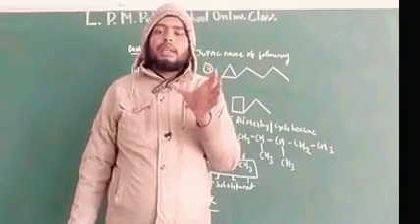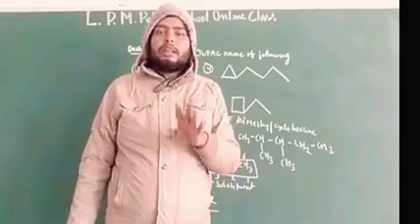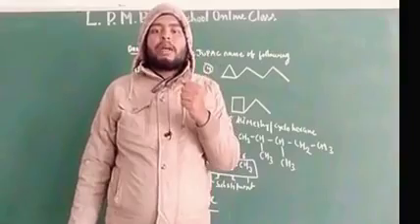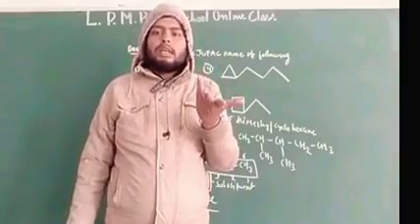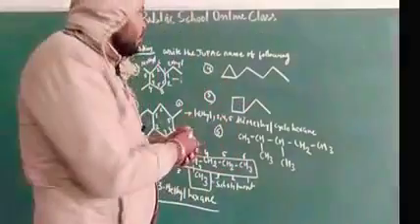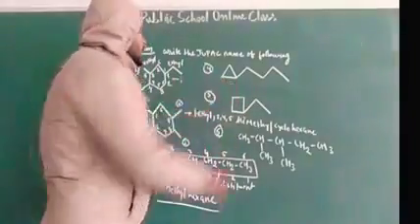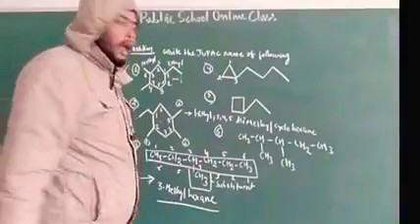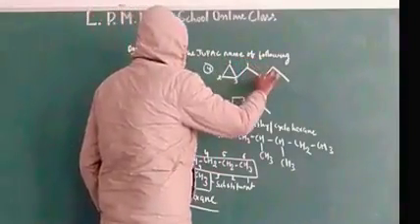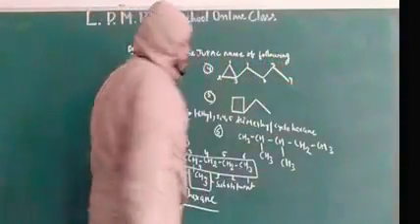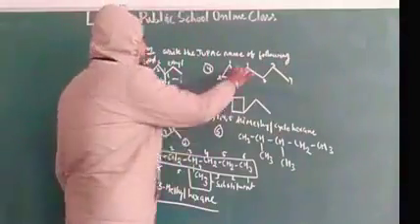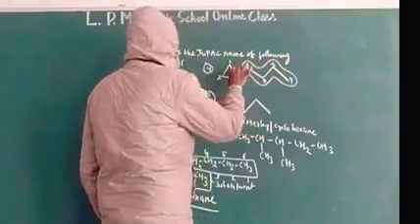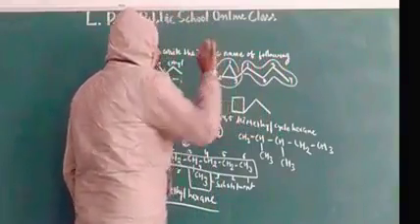That means the one with the greater number of carbons is our parent chain, and the one with fewer carbon atoms is the substituent. This contains only 3 carbons, and this aliphatic contains 4 carbons. That means our parent chain is this, and this is your substituent.